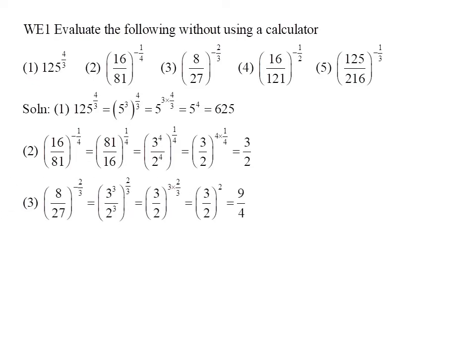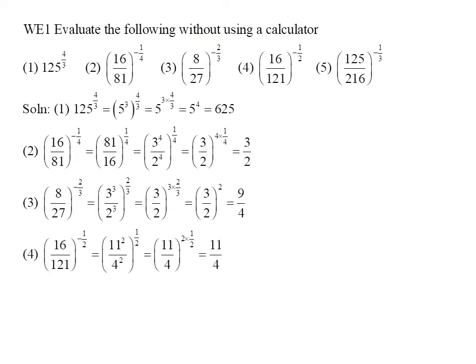The base 8 over 27 in the third question can be rewritten to 2/3 cubed. The base in question 4 can be transformed to 4 over 11 squared, and the base of the last question can be expressed as 5 over 6 cubed.